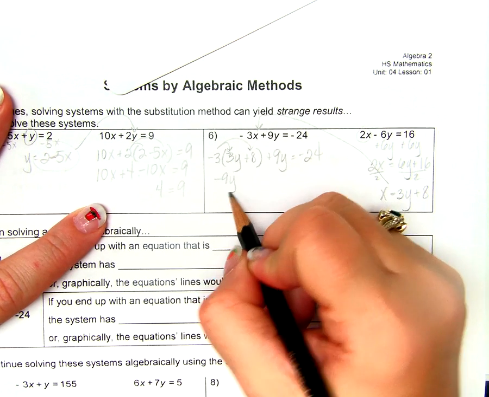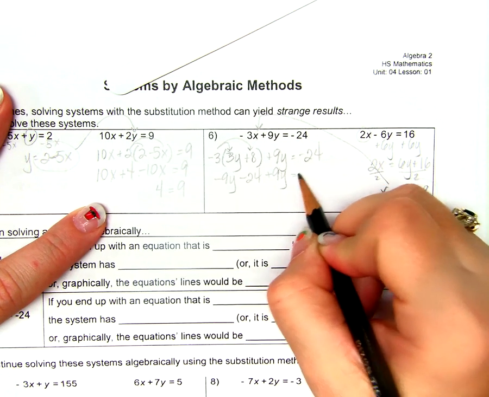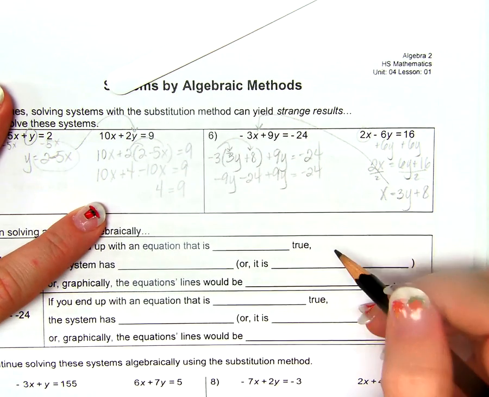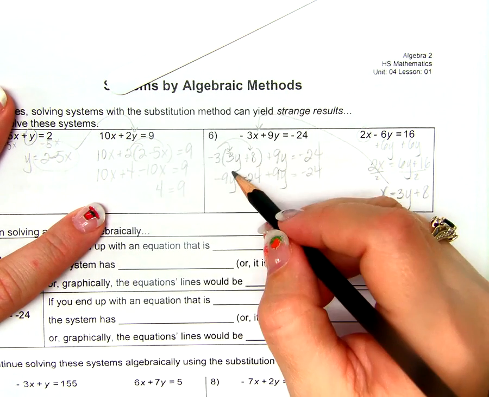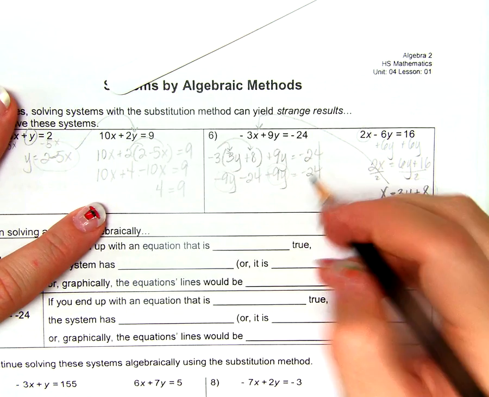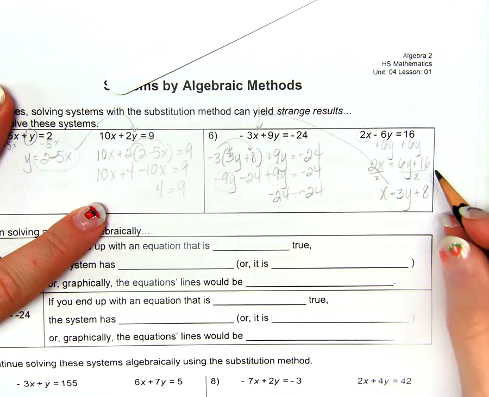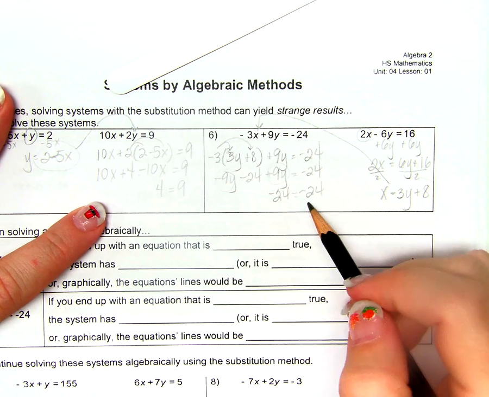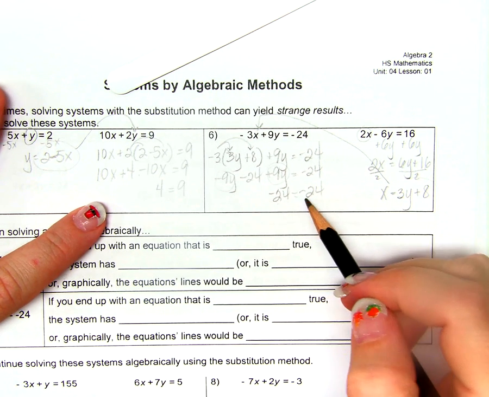Negative 9y minus 24 plus 9y equals negative 24. I have negative 9y and positive 9y. What's that? So negative 24 equals negative 24? Does negative 24 equal negative 24? Does negative 24 always equal negative 24?